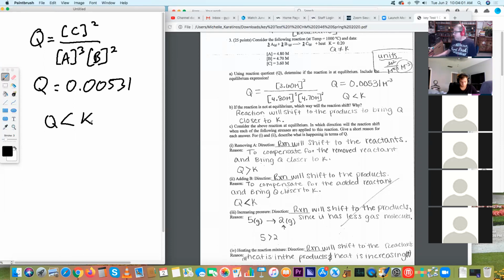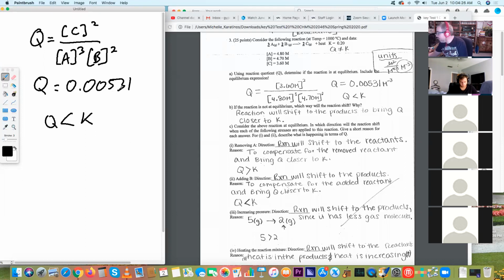So what that means is we have to ask ourselves a question. The premise we're working on here is that a reaction that's not at equilibrium will want to be at equilibrium, and it will do whatever it can in order to get to that point. So looking at the actual reaction itself and the way that we set up Q here, we know that Q is smaller than K, so we know Q has to get bigger.